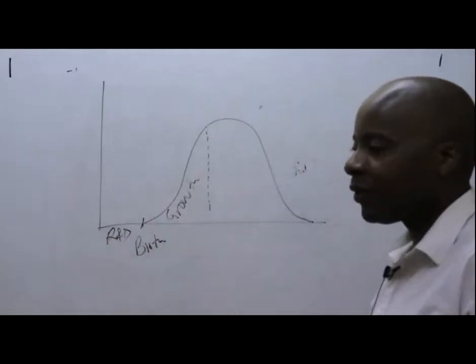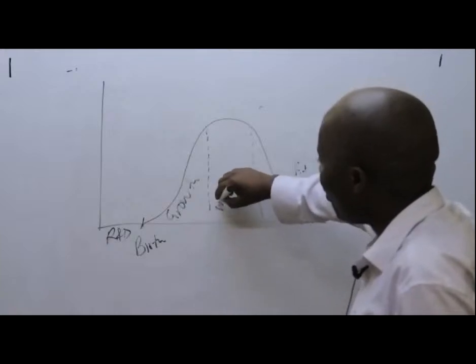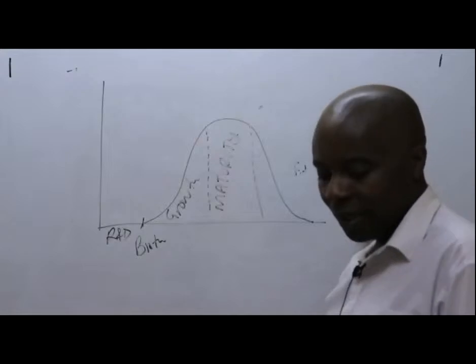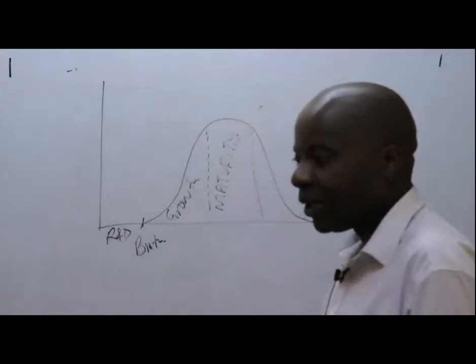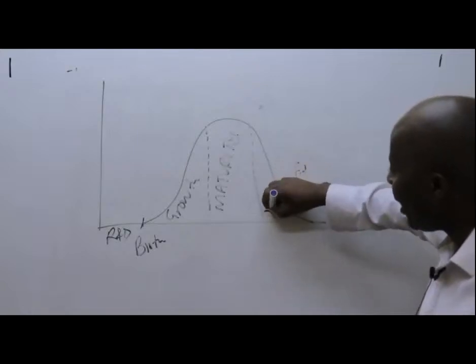Ladies and gentlemen, after that, what else do we have? Will of course mature. You can't grow forever. So we have maturity, and then we'll come and talk of death. Not death, first of all, we have decline.